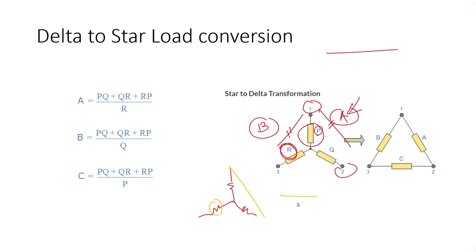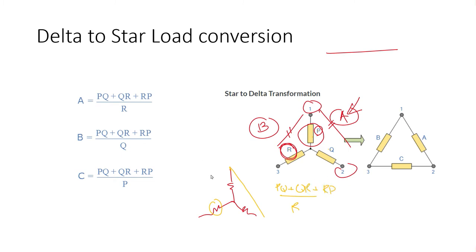The numerator would be the combination of all the resistors: this into this, this into this, this into this. So PQ plus QR plus RP.